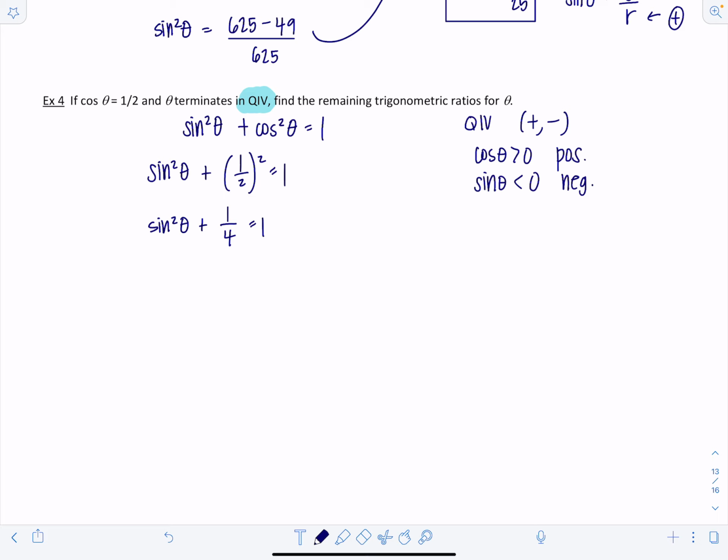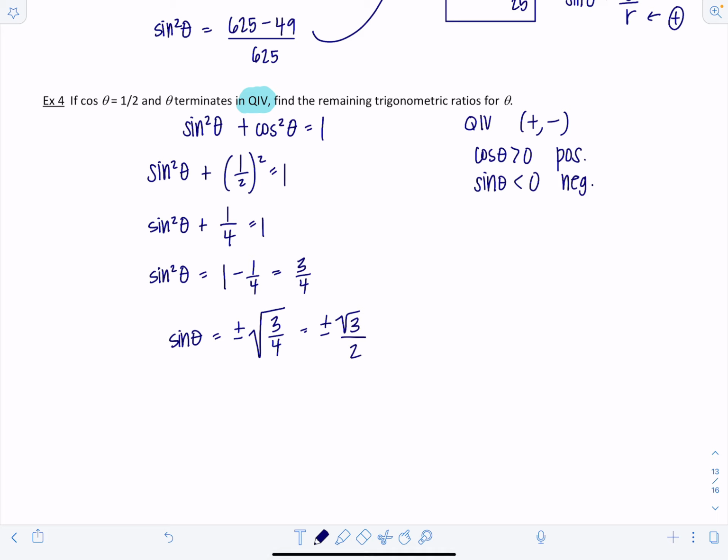Super similar to the last example we did. I'm going to subtract 1/4, so sine squared theta equals 1 minus 1/4, which is 3 over 4. No decimals, don't even think about it. So that means sine theta equals plus or minus square root of 3 over 4. And then that simplifies. You're going to break up that square root sign over the numerator and the denominator.